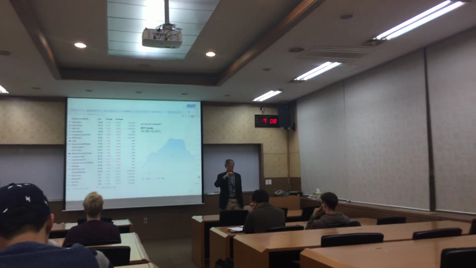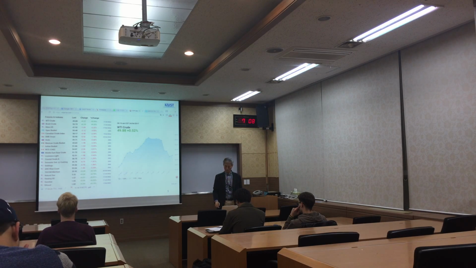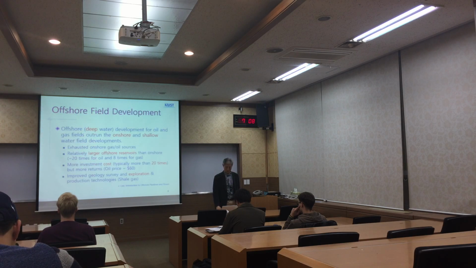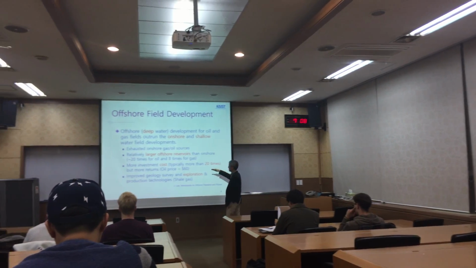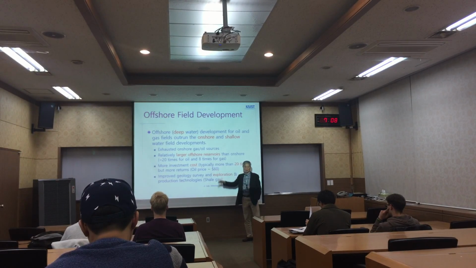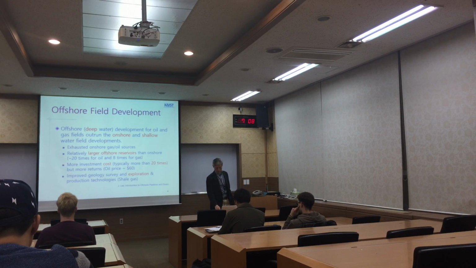So it's not enough for developing ocean plant. We need more price rise. Still, there is a problem for developing offshore plant these days because of the low price of oil.